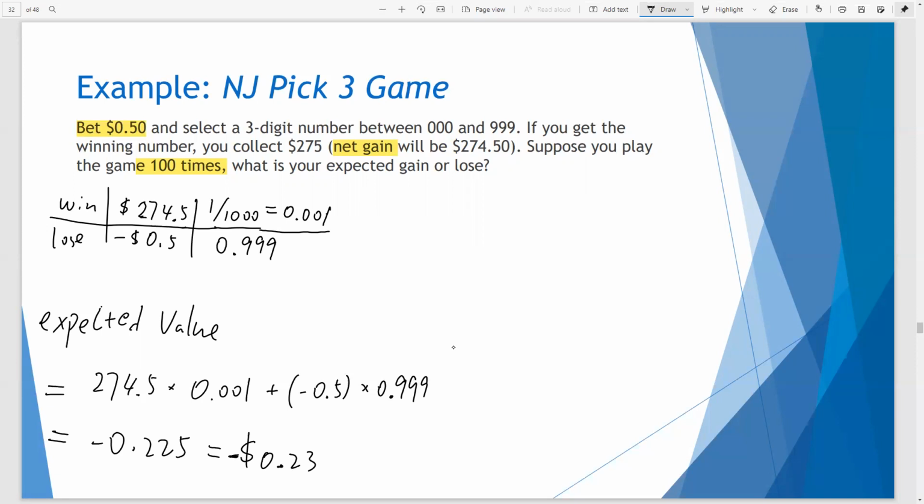Then if you play it 100 times, that's the law of large numbers. It's something else, but a similar idea. Expected value is the money you expect to get once, and 100 times is the same proportion, so the expected value should also be 100 times your expected value for once.